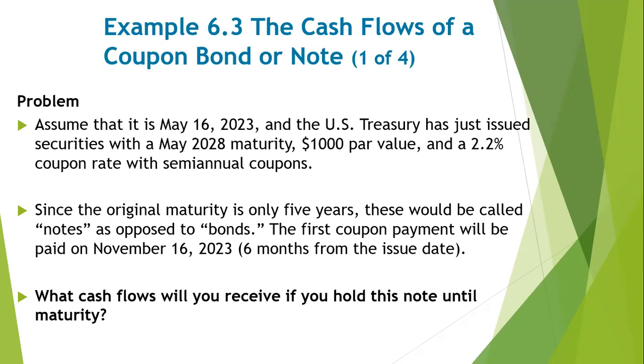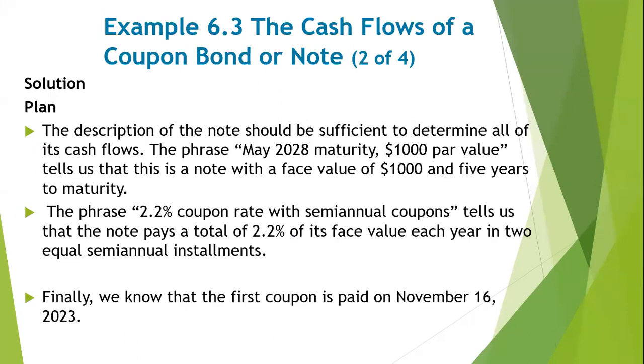The first coupon payment will be paid on November 16, 2023. That's 6 months from the issue date. So the question is, what cash flows will you receive if you hold this note until maturity?